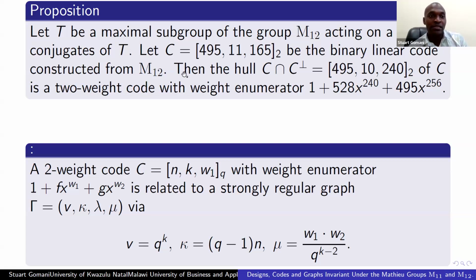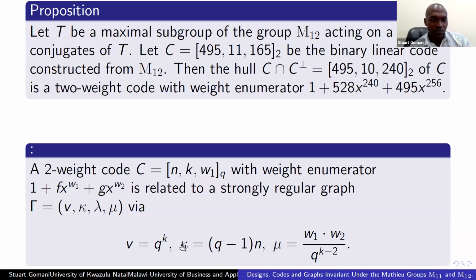And such a code is referred to as a 2-weight code. Now, what is interesting about a 2-weight code is that, given the weight enumerator of that code, the parameters are related to a strongly regular graph using these relationships. So V is the number of vertices for the graph, and it is equal to the number of vectors of the 2-weight code.